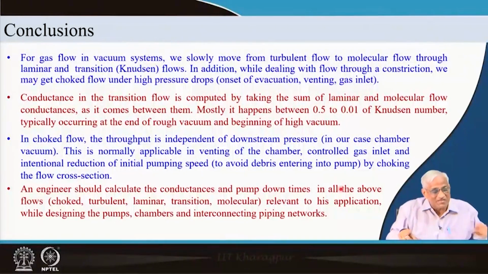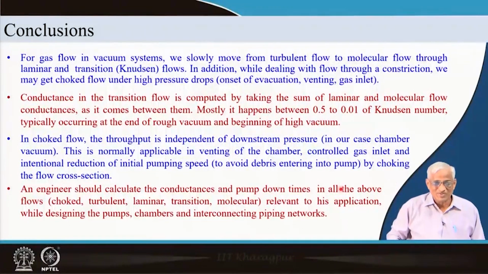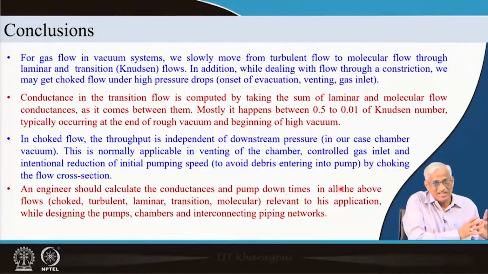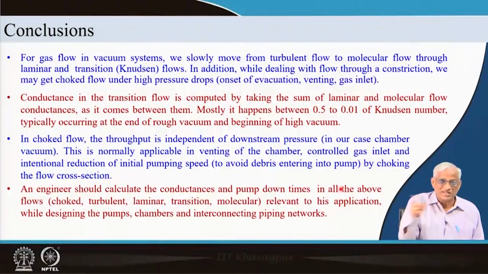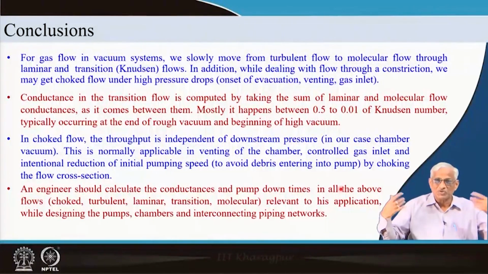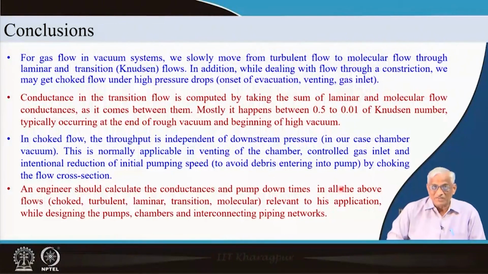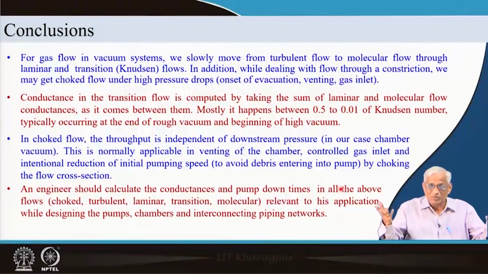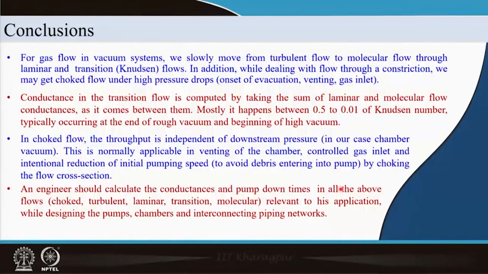Otherwise, he has to take care of more, and if he is only at 100 or 200, even transition flow is not required, only laminar flow. So different equations apply at different conditions. You have to take the sum of all those to get the integrated time, and if it is within a reasonable time so that your process can start, you will be happy, vacuum will come, your boss will be happy, and product quality will be good. With these ideas we will stop at this point on transition flow and choked flow.